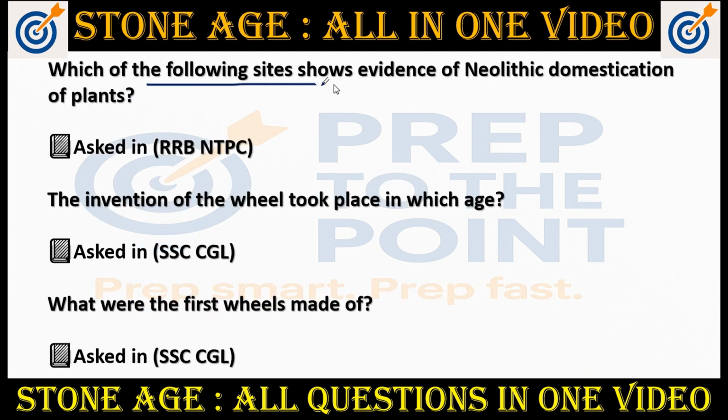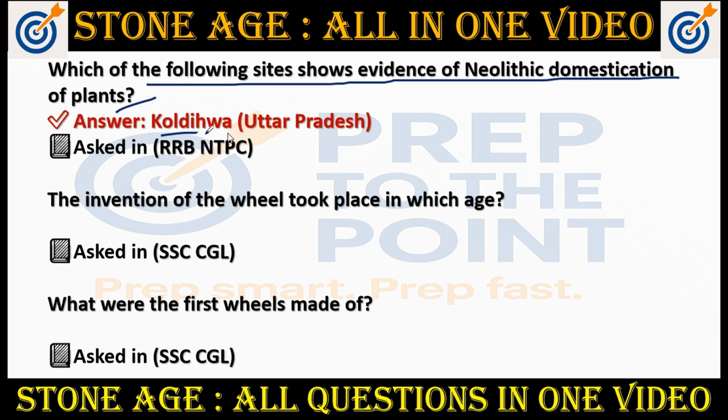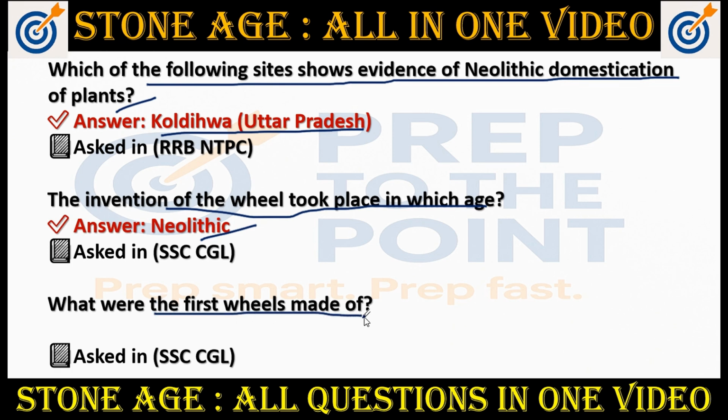Which of the following sites shows evidence of Neolithic domestication of plants? Koldiha, Uttar Pradesh. Invention of the wheel took place in which age? In Neolithic age. What were the first wheels made of? It was wood, wooden wheel.